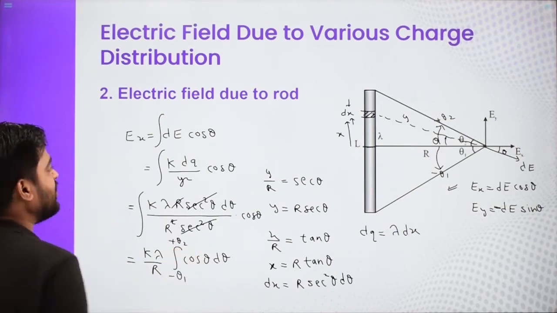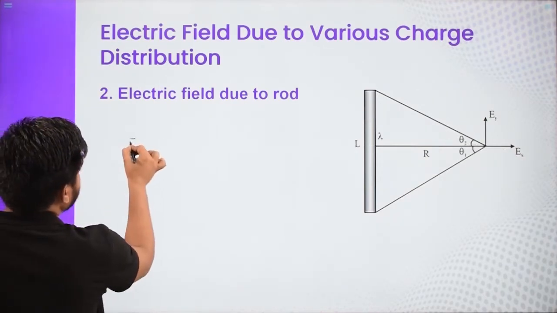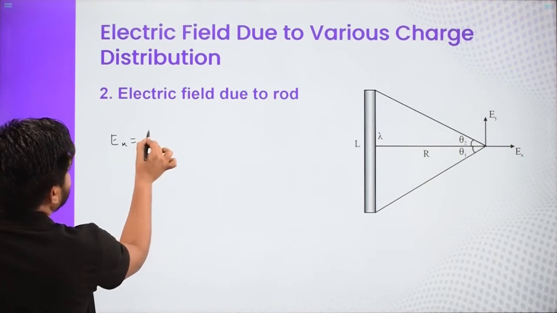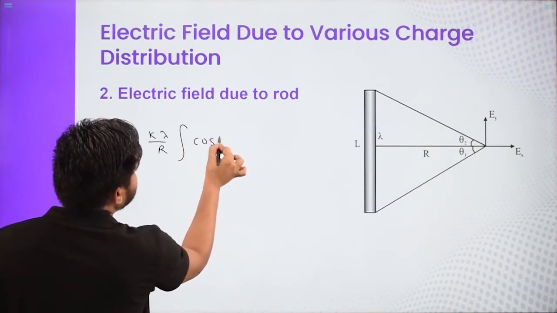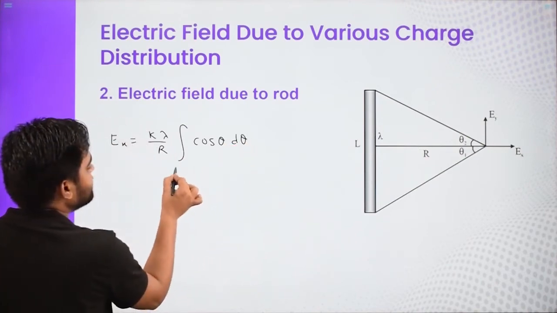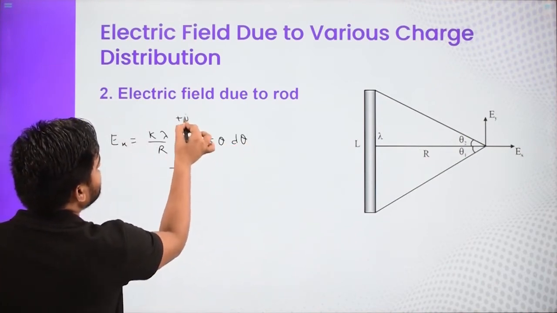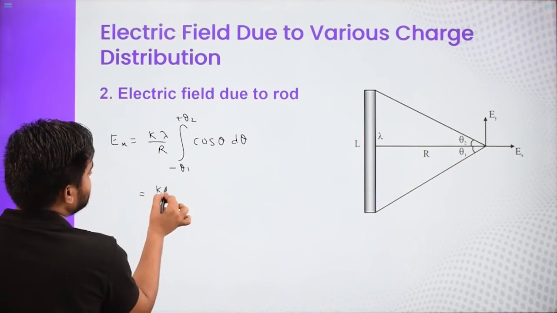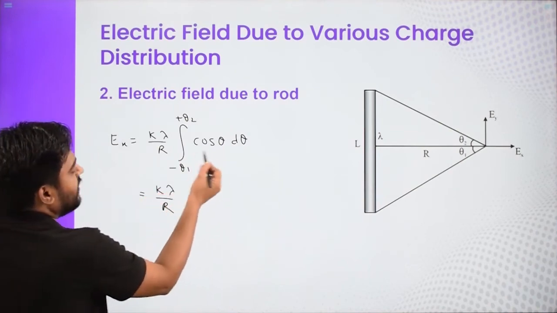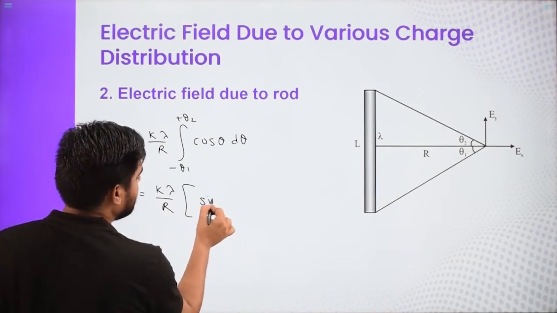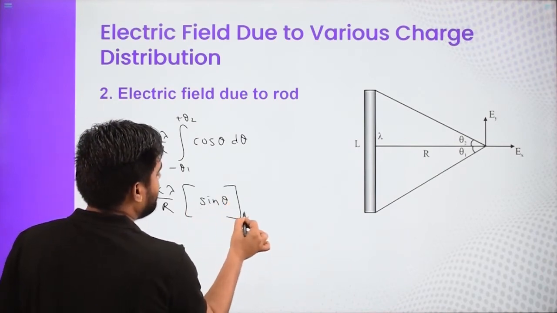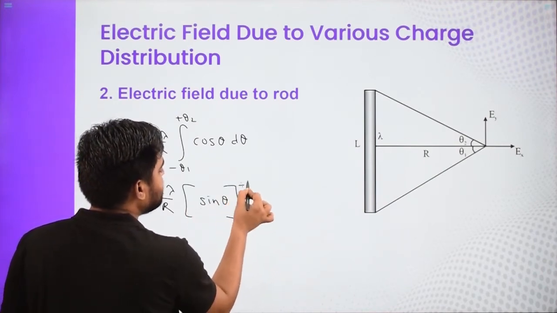And when we integrate, what do we get? Ex is k lambda by r integration of cos theta d theta. Limit was minus theta 1 to plus theta 2. That gives us k lambda by r, and integration of cos theta is nothing but sine theta from minus theta 1 to plus theta 2.